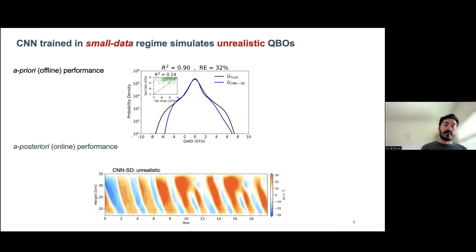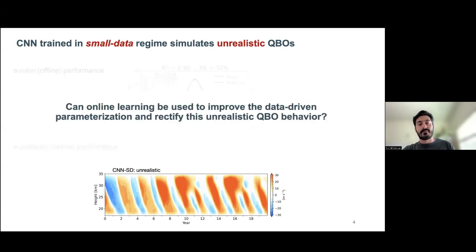All of that can contribute to such unrealistic behavior when we couple our data-driven parameterization back to a dynamical system. So regardless of the reason, we are interested to see: can we use online learning to improve this data-driven parameterization and rectify this unrealistic behavior?